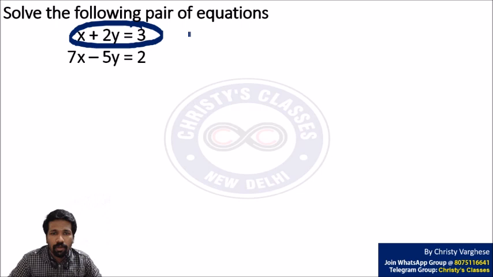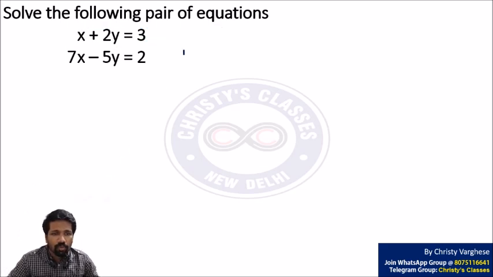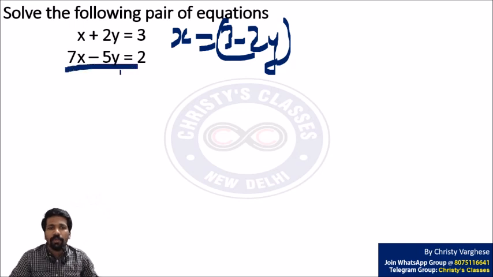x plus 2y equal to 3. From that you can say x is equal to 3 minus 2y. That 3 minus 2y you can substitute into the second equation and solve.